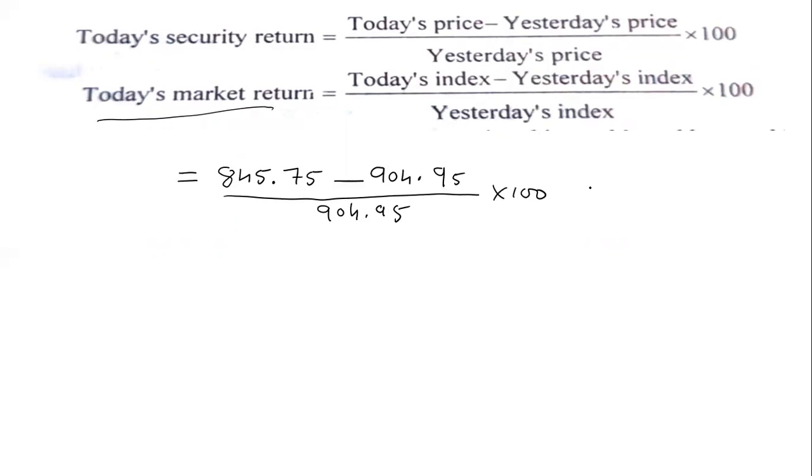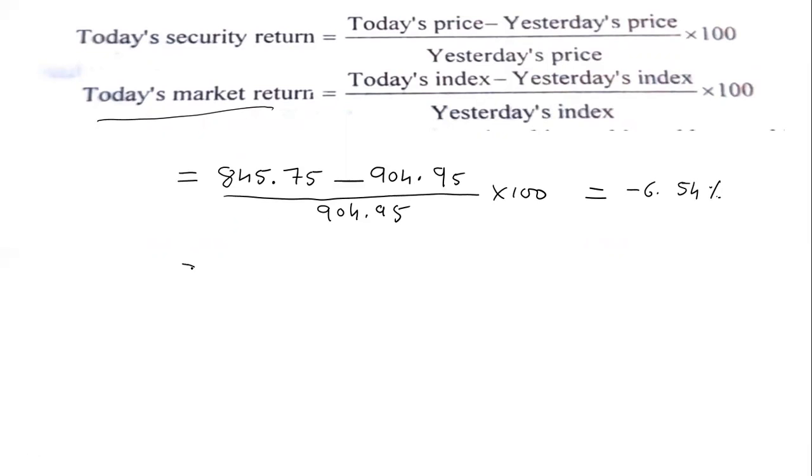Here we will get a negative value, because yesterday's price is greater than today's price. After calculating, we will get minus 6.54. So this is the return we got for the day.